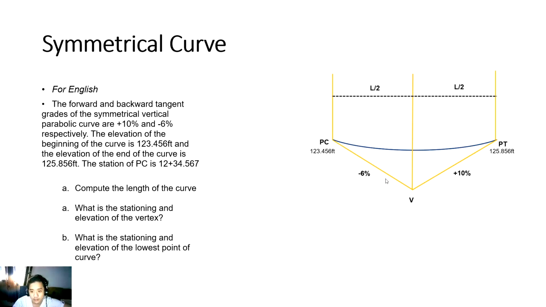So, ito siya. So, having that, given forward and backward tangent, madidistinguish natin na isa siyang sag curve. Okay. So, next, dahil din sa station, kaya natin nalaman na English siya.